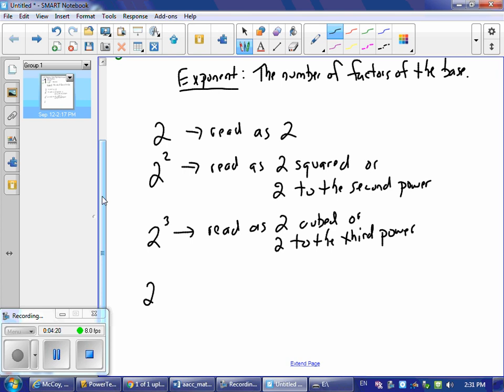So if we had 2 to the 8th, there's no geometric term like squared and cubed for 8th. And I'll tell you the reason for that here in a second. So this would be read as 2 to the 8th power.